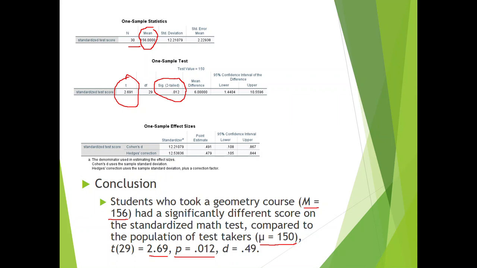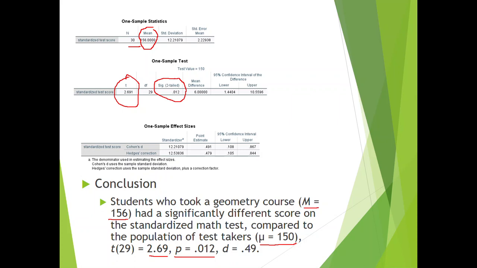And then here, in SPSS version 27, it does give us the effect size, which is measured by Cohen's d. I'm going to revisit this in case you're using a different version of SPSS that does not give you effect sizes. I'll tell you what to do in just a second.